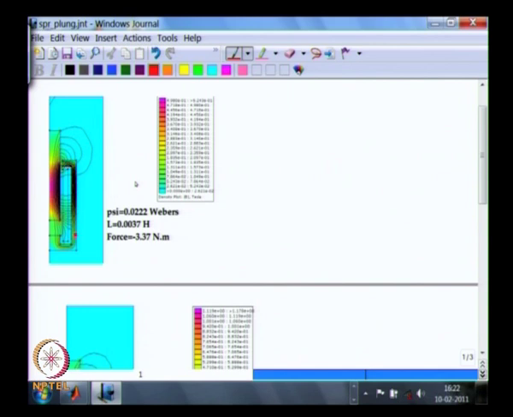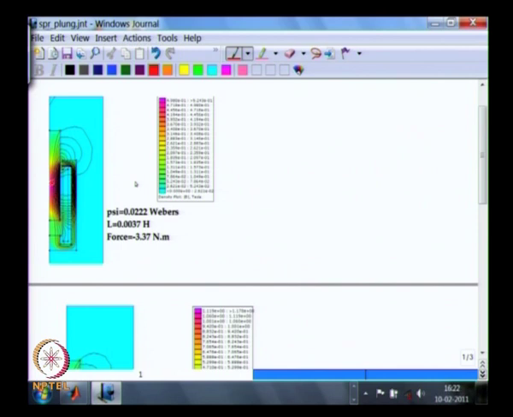This is the outer shell, and here you have the iron rod that can move, and the excitation is given here, and you can see how the magnetic field is there.